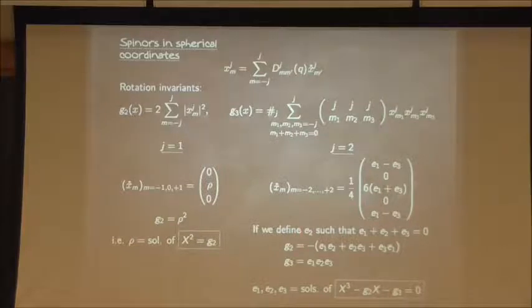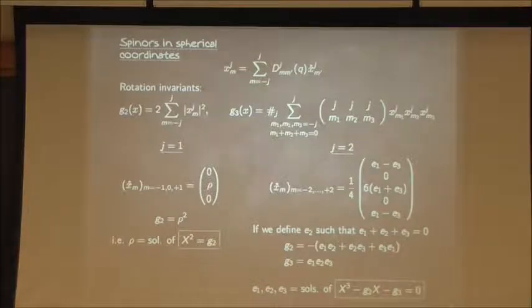And now, if we define E2 in such a way that E1 plus E2 plus E3 equals 0, and we compute this rotation invariant corresponding to this, rotation invariance means that the Q's drop out because they are rotation invariant. Then I get these formulas for G2 and G3. And you can rephrase this as follows: E1, E2, E3 are solutions of the Weierstrass cubic polynomial, with the invariants G2 and G3 as coefficients.